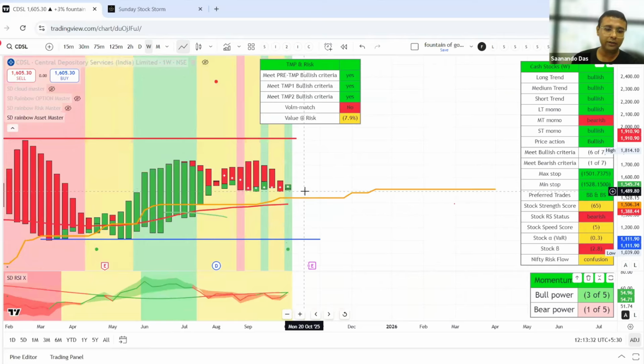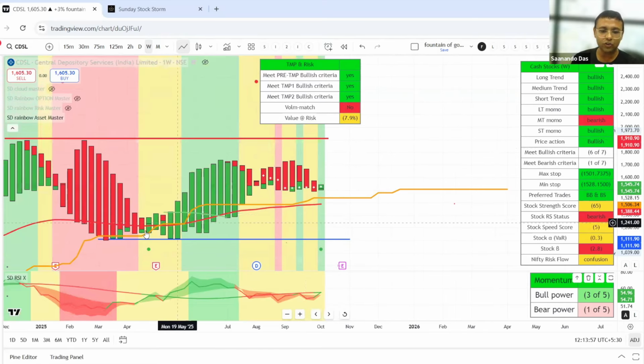We cannot say at this point that this range bound will not continue until April 2026. This stock you cannot treat as any other stock. CDSL, as long as the Indian market exists, which will exist for the next 20-30 years, CDSL will exist. So you want to buy these stocks as cheap as possible.